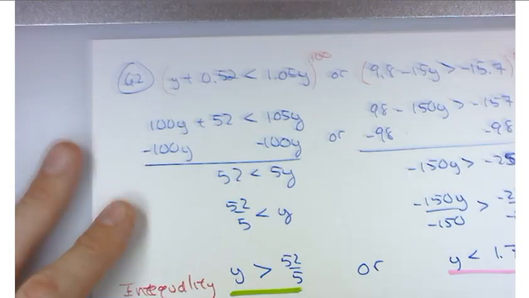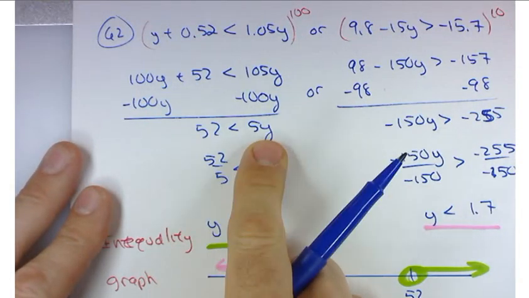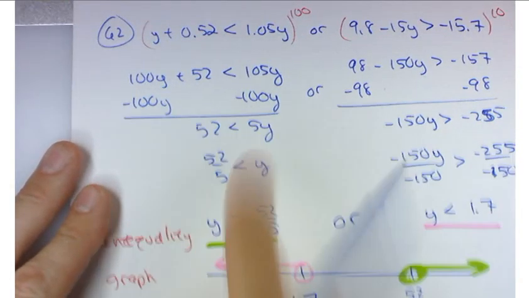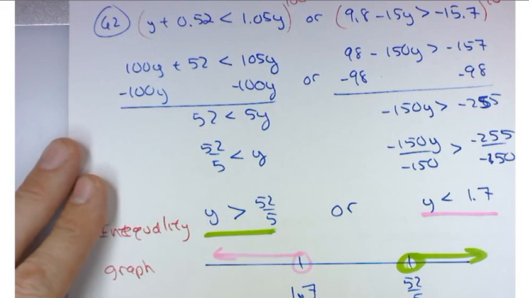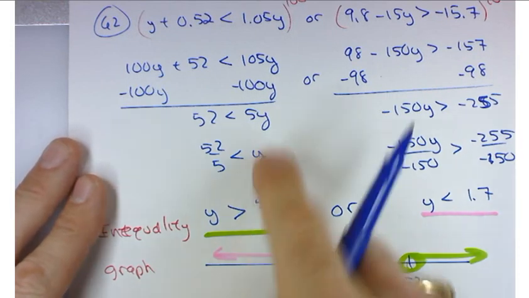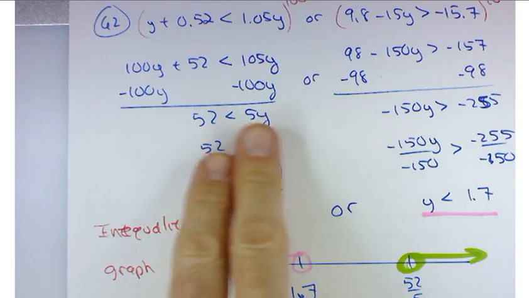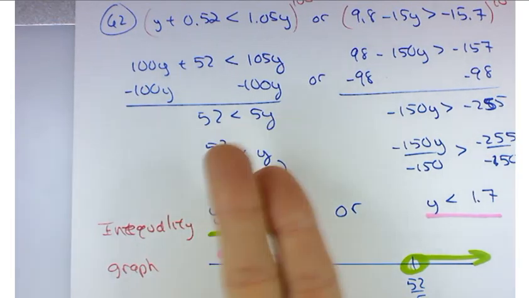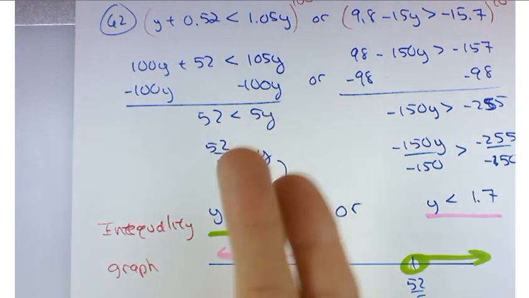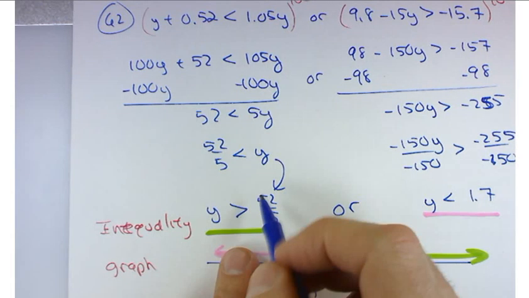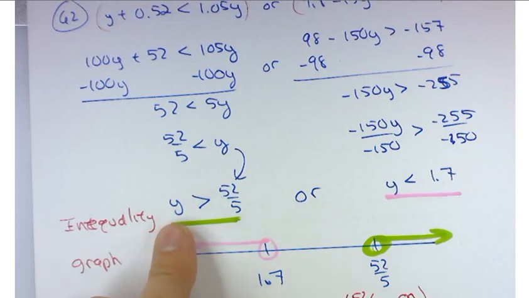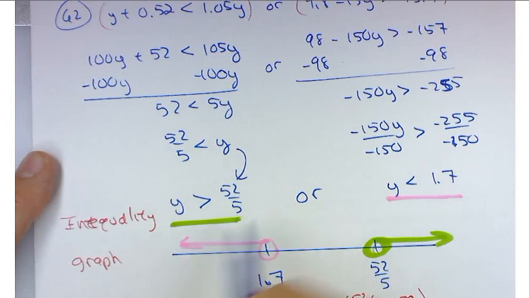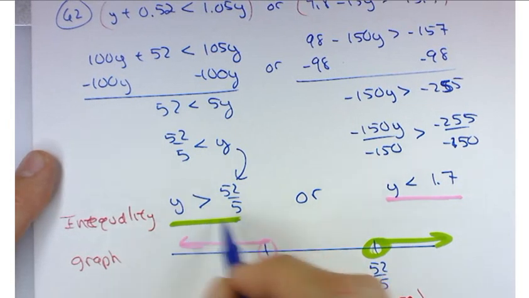Going back to this one here, I divided by a positive 5, so the inequality didn't flip. Oh, here, all I did was I rewrote it. I didn't do any extra operations. So this is just a different way to rewrite it. What I like about having the variable on the left is that it tells me which way my graph is going to run.